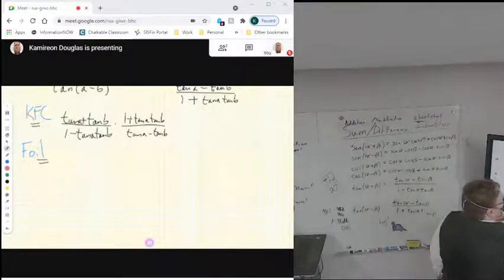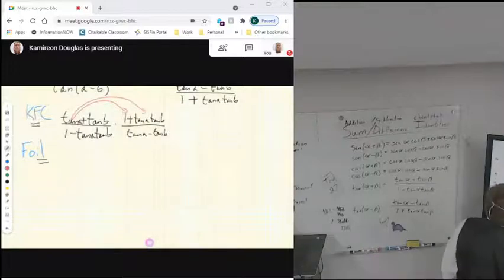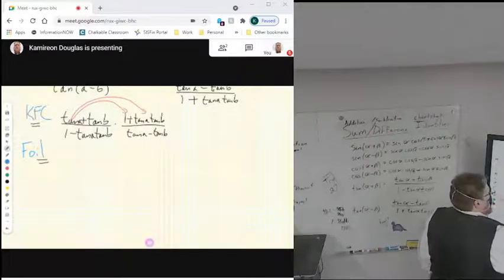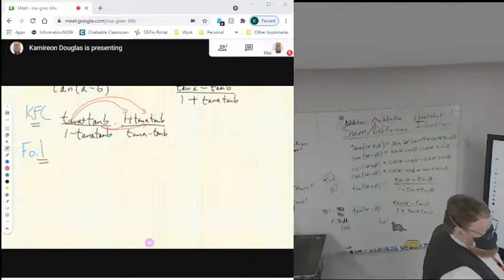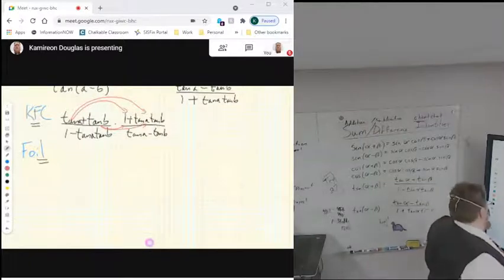So, I take tangent of A times 1, tangent of A times tangent A tangent B. I then take tangent B times 1, I take tangent B times tangent A tangent B. I do it to the top and the bottom. Here we go.